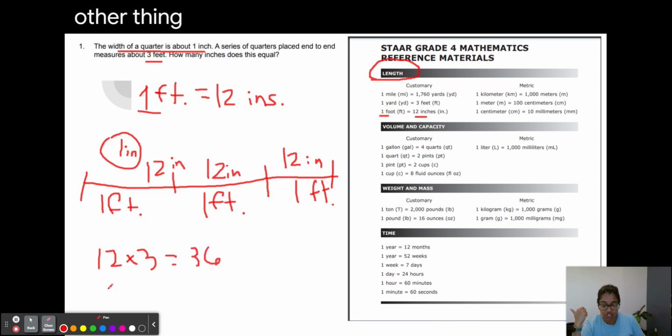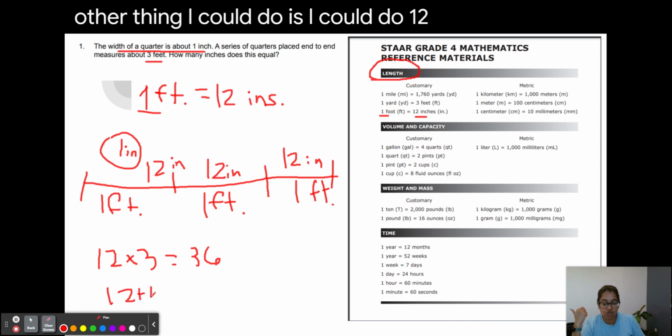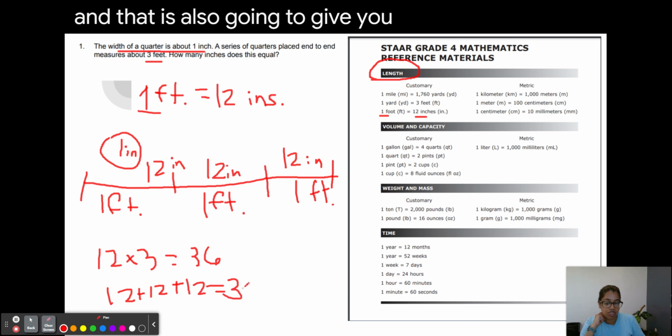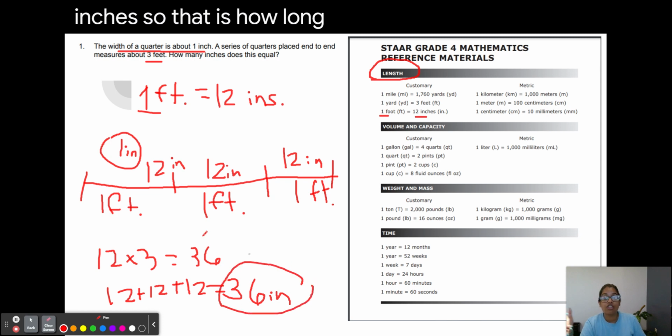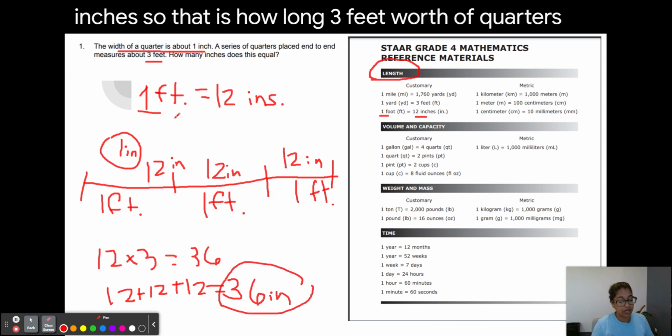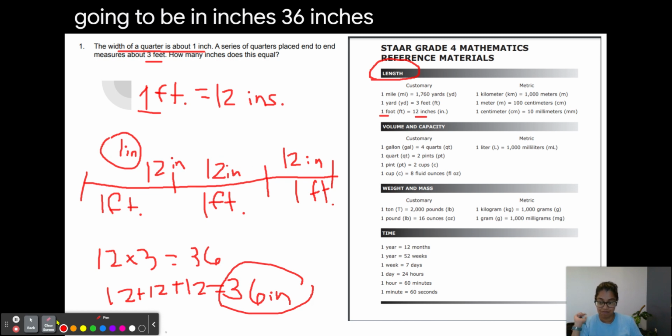The other thing I could do is 12 plus 12 plus 12, which is also 36. So that is how long 3 feet worth of quarters is going to be in inches: 36 inches.